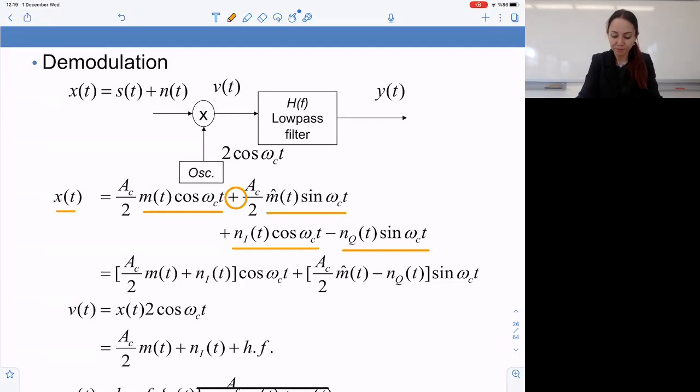Now at the mixer, remember we have essentially two mixers, because we have an in-phase branch and a quadrature branch. I'm trying to demodulate SSB. We're not decoding anything yet; we will be decoding things when we talk about digital modulation. So AC over 2 m of t plus Ni is the cosine component, and m hat minus NQ is the sine component.